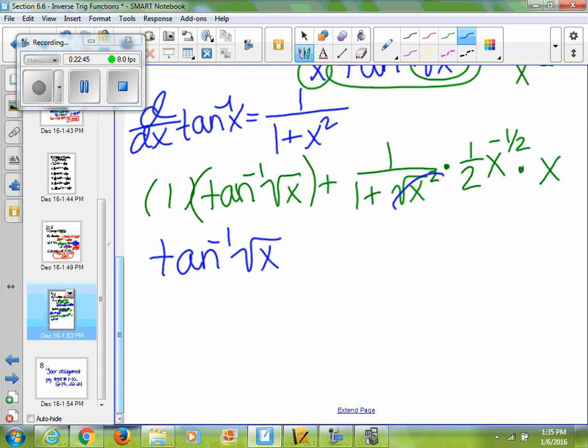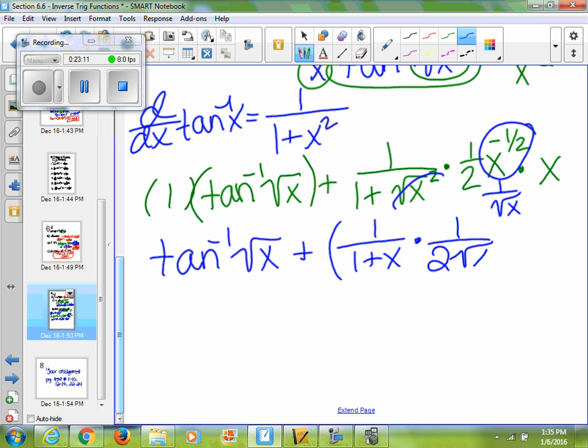So I'm given 1 over 1 plus x times, if I want to make this simple, I would need to turn it into a fraction and rewrite my fractional exponent as a root. So x to the negative 1/2 is the same thing as 1 over the square root of x. So simplifying that, I get times 1 over 2 square root of x. And then I still have times x at the back.